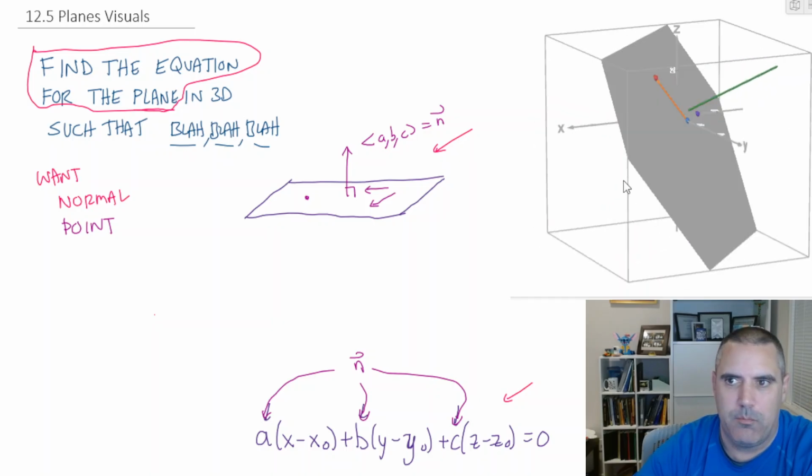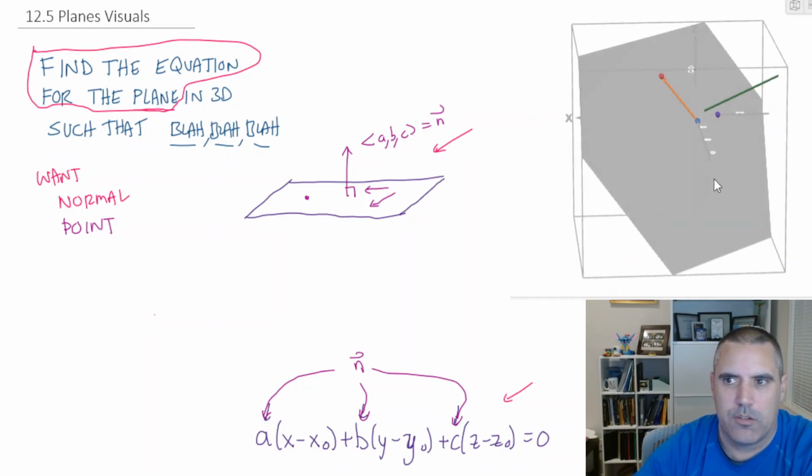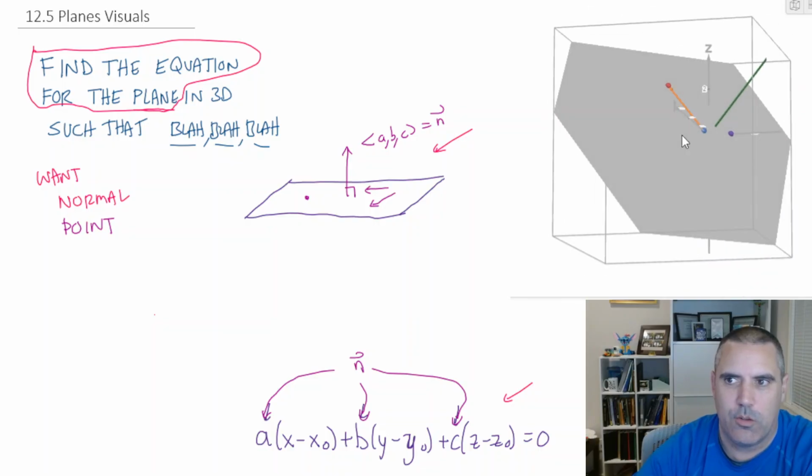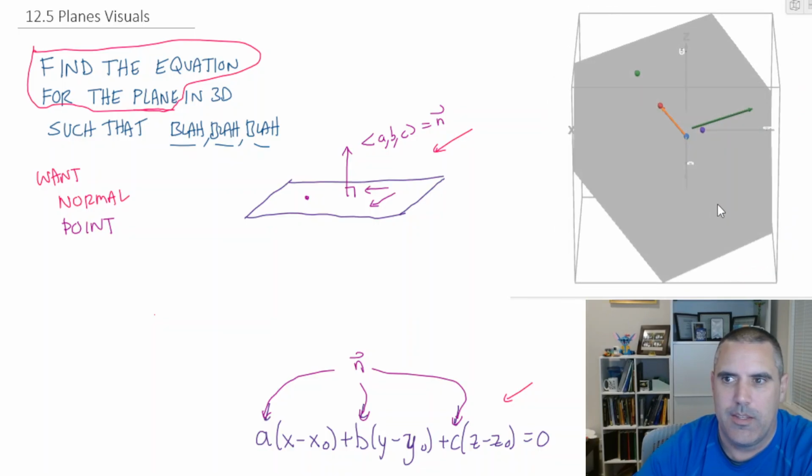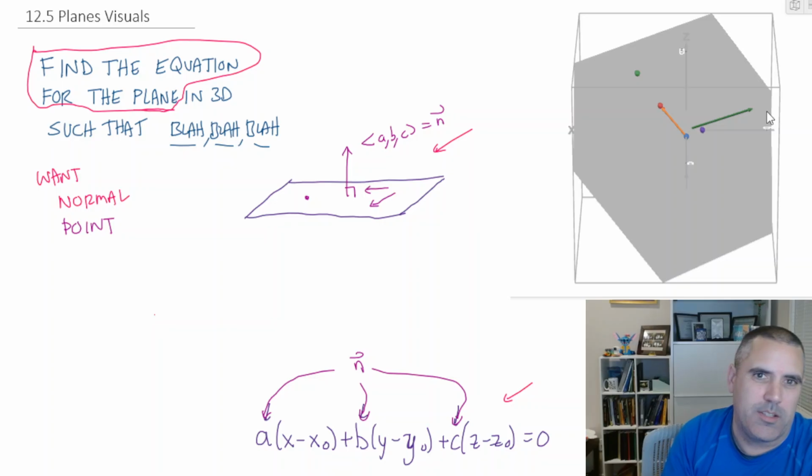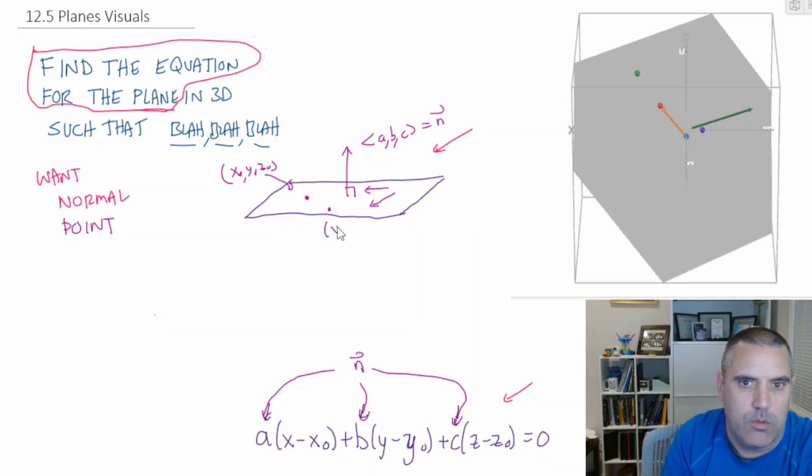If you connect them, that vector that connects them must be perpendicular. So the whole idea of the equation of a plane is that the orange vector and the green vector need to be perpendicular. So I'll do a very brief. So if you have this point, this is the point you already know. We need that. And then you have some other point you don't know.